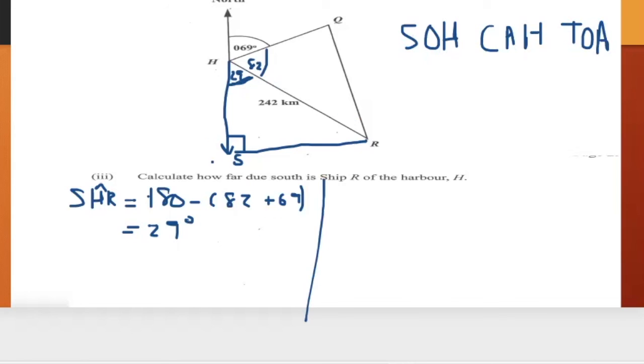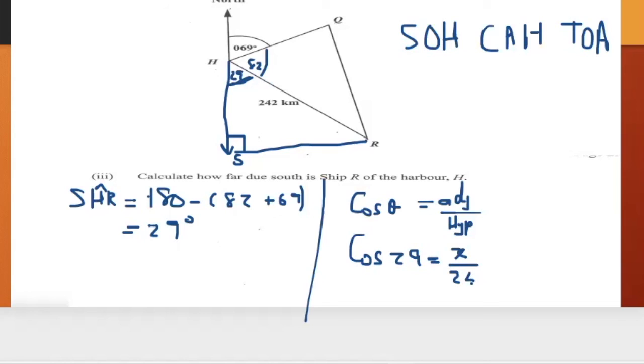What I have is the angle and the hypotenuse, and HS is the adjacent side that is beside the angle. So I'm going to use cos theta is equal to adjacent over hypotenuse. Adjacent is what I want, the hypotenuse is what I have, and the angle is what I have. So the angle is 29, adjacent is unknown, so let's call this x, and the hypotenuse is 242.